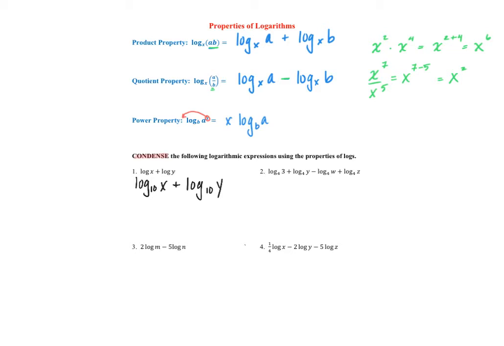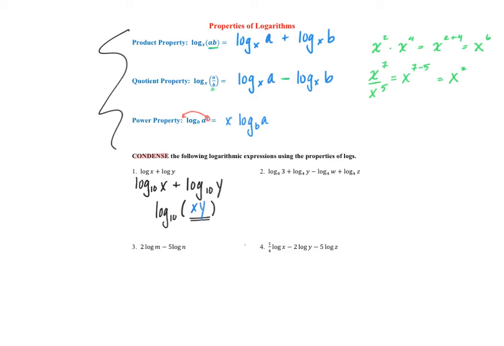So I want to write this as log base 10, and I'm going to build up this argument. Following these properties, if I am adding two logs, working backwards to build up this argument, that is the same thing as writing x and y as a product.